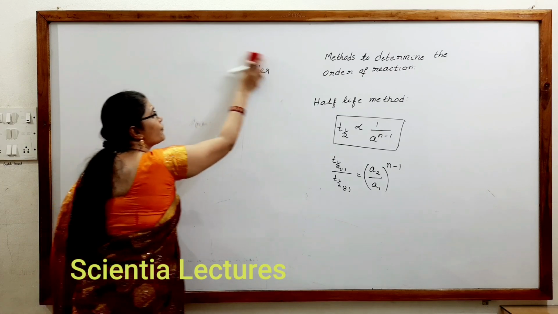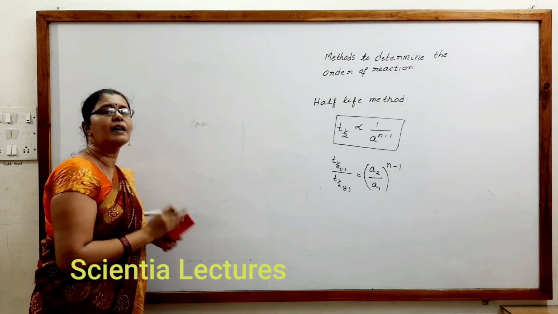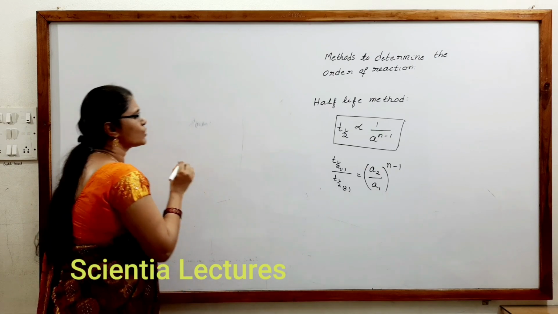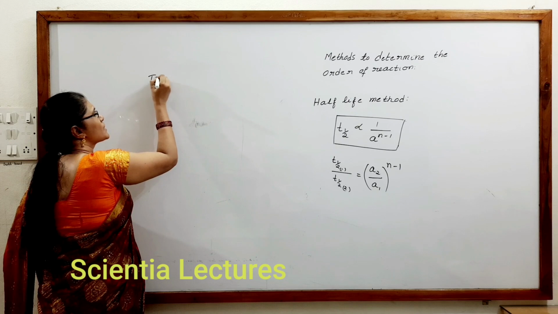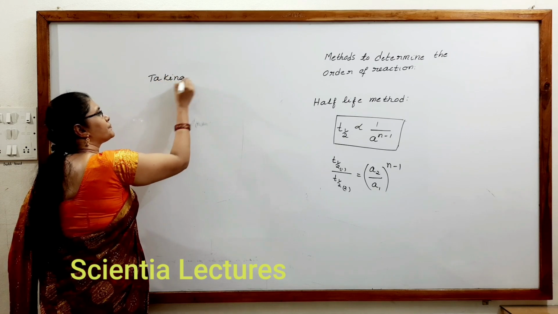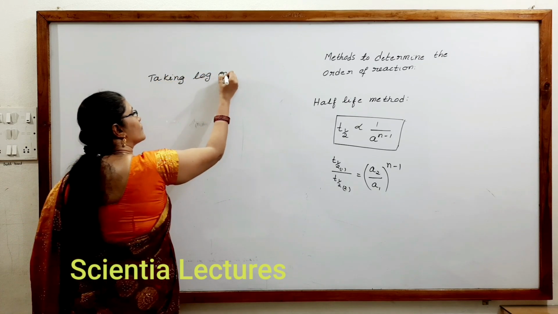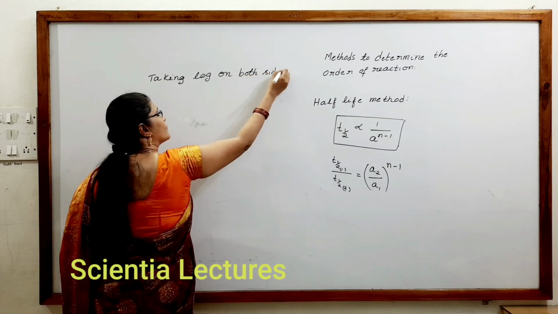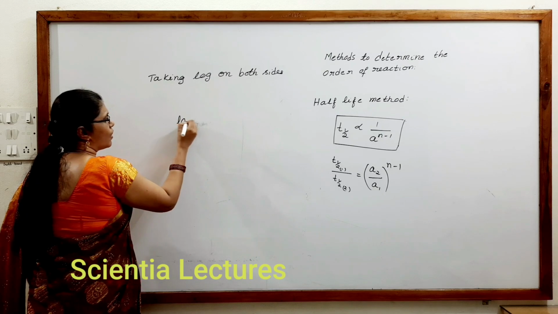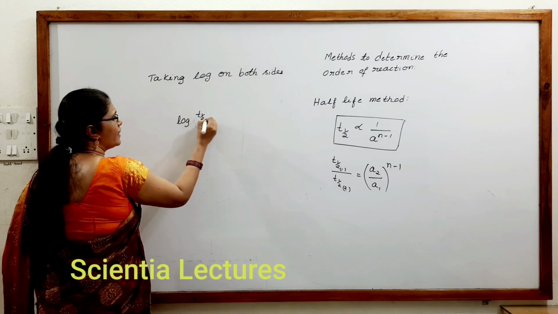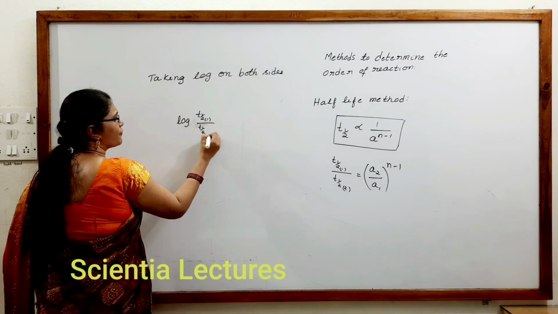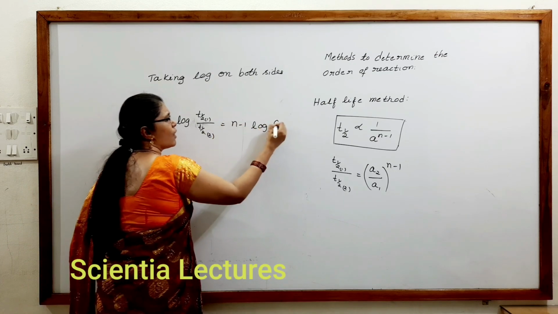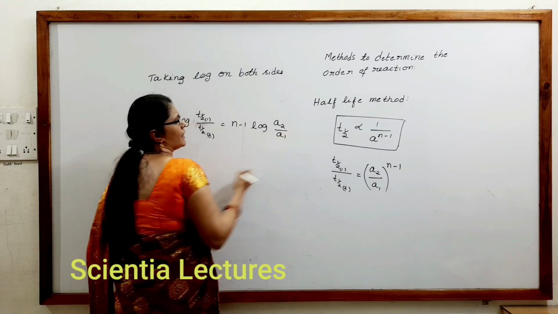Sometimes order of reaction could even be fractional. That is the reason for this; how to solve this: taking log on both sides. So log of T half 1 by T half 2 must be equal to n minus 1 log of A2 by A1.